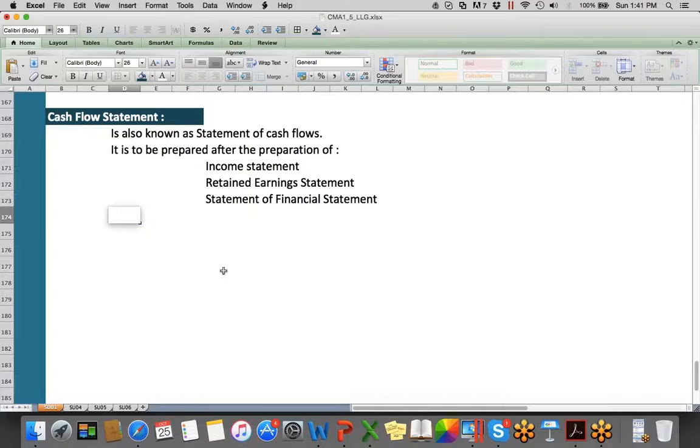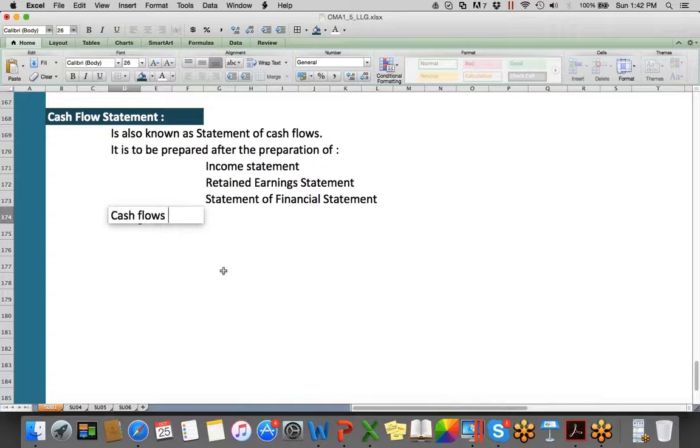Say for example, depreciation. Depreciation, you show it's an expense, but in actual there is no payment. It is reducing your net profit, but there is no cash payment. Loss on sale of assets, discount on issue of shares, right? So likewise, you have lots of expenses and incomes on which you have not paid or not received, still considered in your income statement. Therefore, your cash balance will be different from the income which is showing in the income statement.